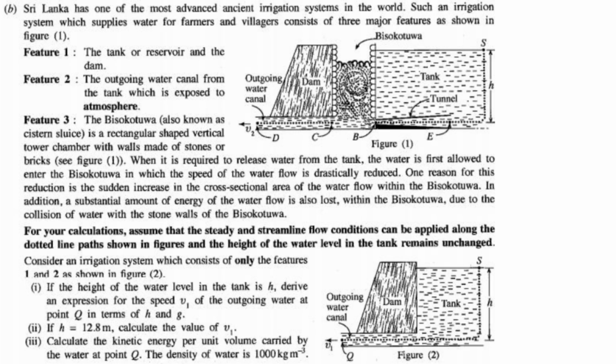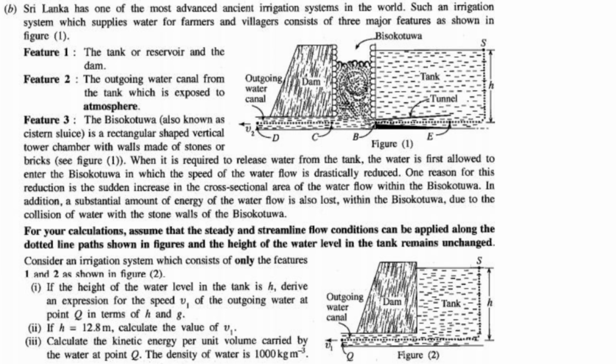Feature 2, the outgoing water channel from the tank which is exposed to atmosphere. Feature 3, the Pesuru, also known as cistern. It is a rectangular shaped vertical tower chamber with walls made of stones or bricks, seen in figure 1.